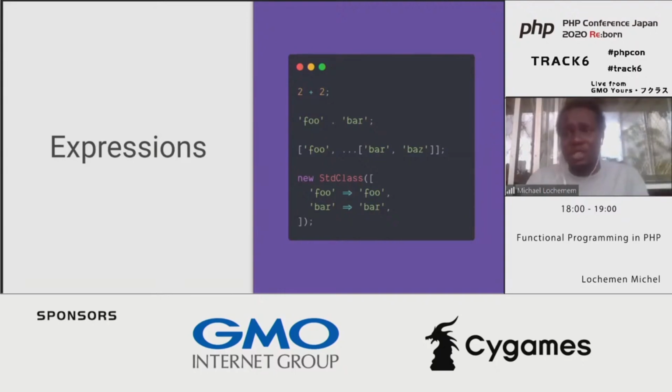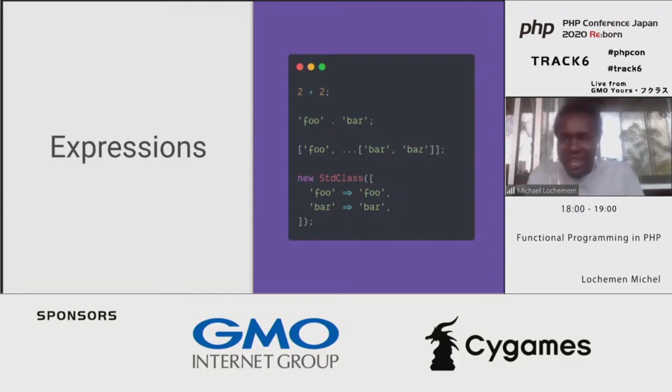So you have expressions. Expressions are basically the lingua franca of functional programming. What do I mean? Expressions are a universal construct when you're talking about functional programming, right? Like I said, expressions are basically statements that evaluate to a value, right? 2 + 2 is 4, right? Foo . bar in PHP is foo concat bar, which gives you foobar, right?